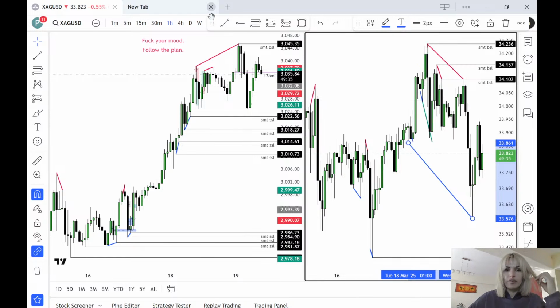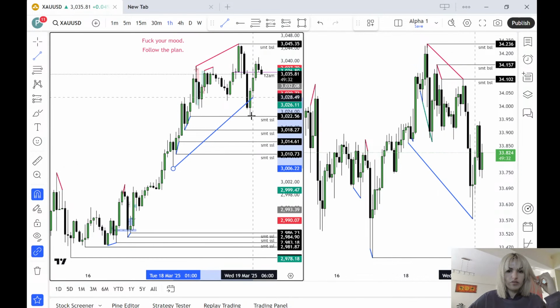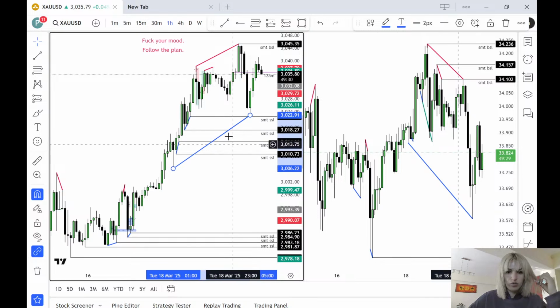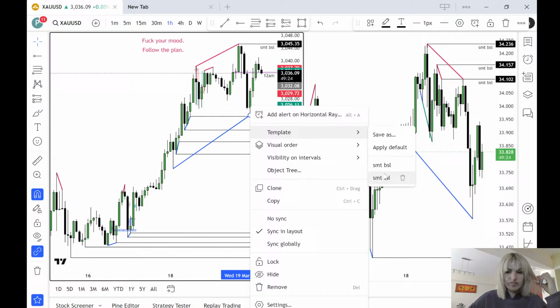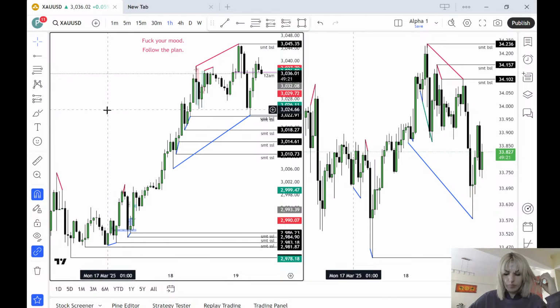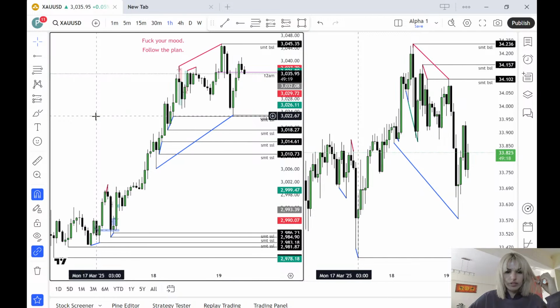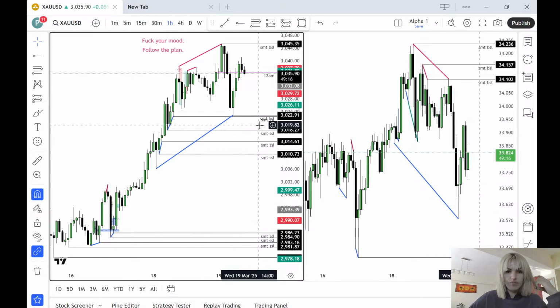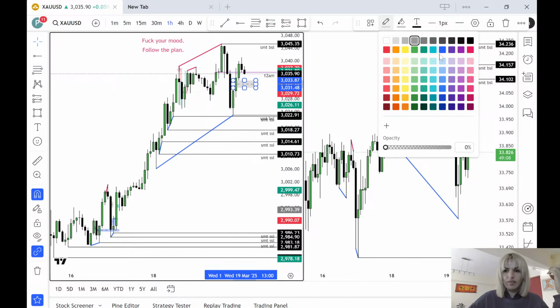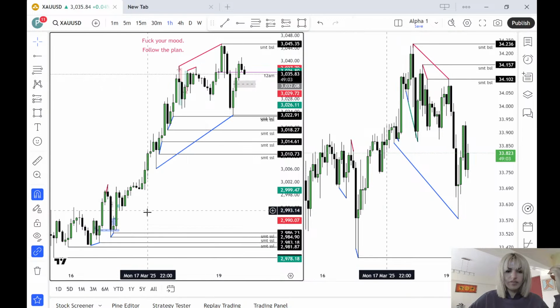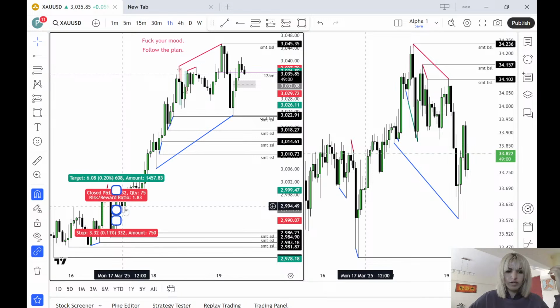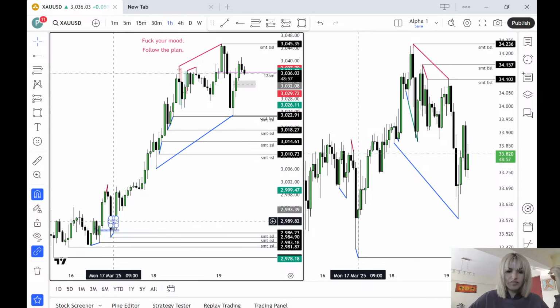So I'm just marking the SMTs, the newly formed SMTs, just to make sure that I know where liquidity areas are. Not just major liquidity areas, but also minor liquidity areas that we would only be able to see on the lower time frames, because it's not the first time during the streams we see price taking buy side or sell side from an area that many of you might not necessarily have considered relevant, right? But that actually are relevant.